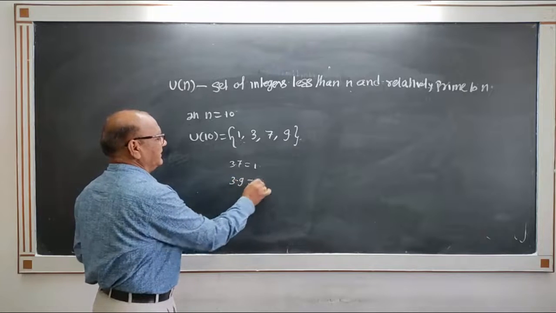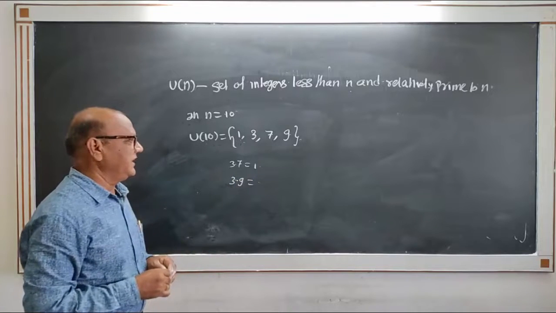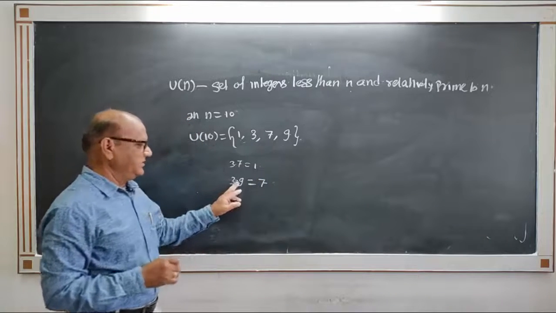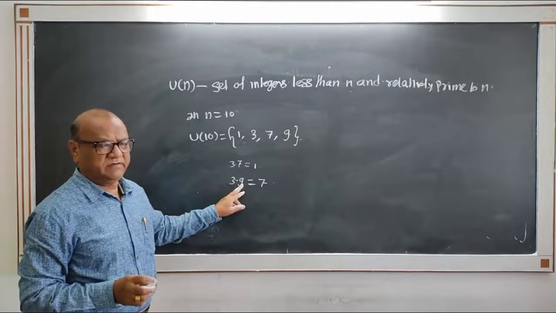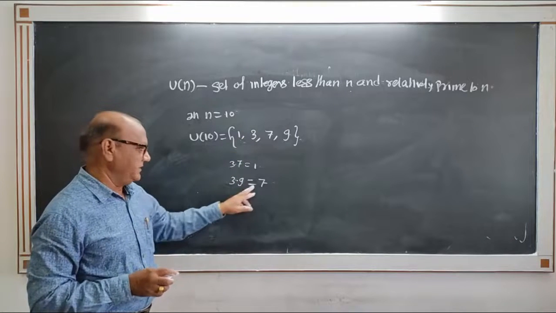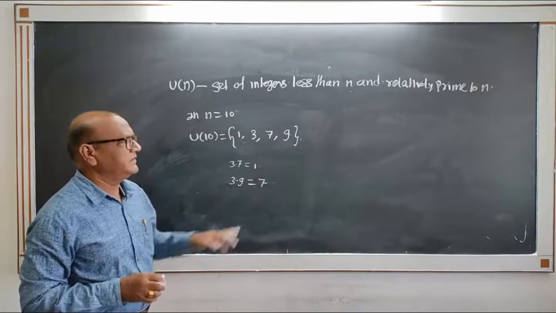3 into 9 gives 27, and 27 divided by 10 leaves remainder 7.